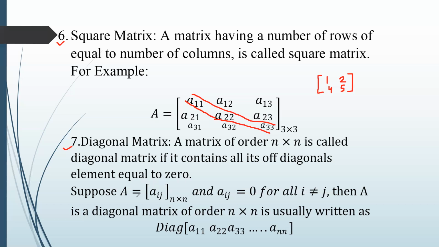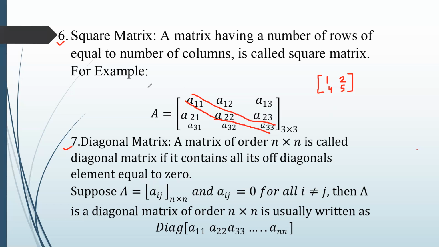Suppose we have a matrix A equal to Aij, n by n, and Aij equal to 0 for all i not equal to j, then A is a diagonal matrix of order n by n. It's usually written as diag of A11, A22, A33 and Ann.